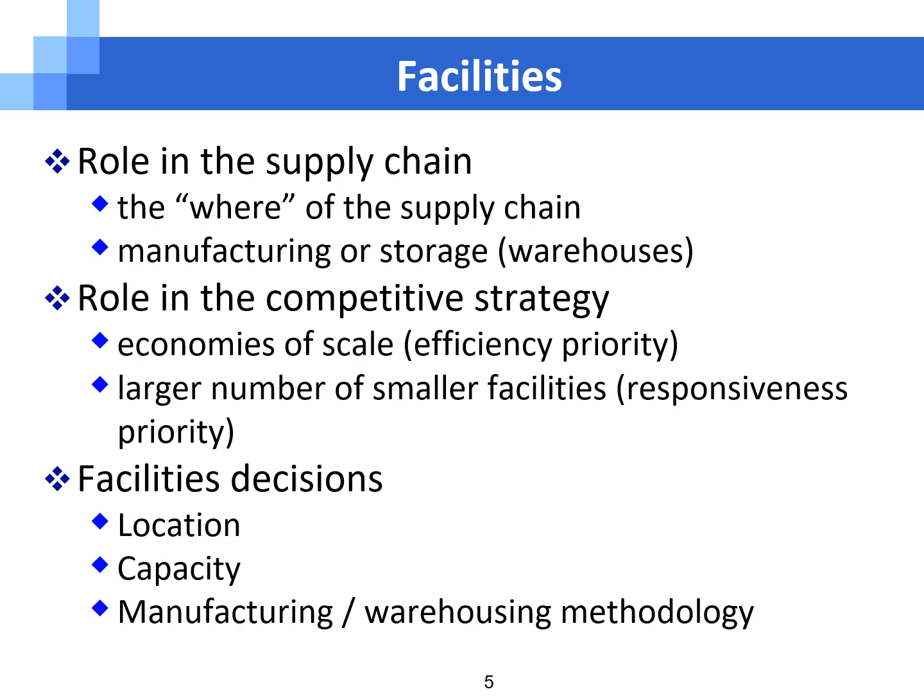Decisions regarding facilities are a crucial part of supply chain design. There are three important decisions related to facilities. The first one is location.